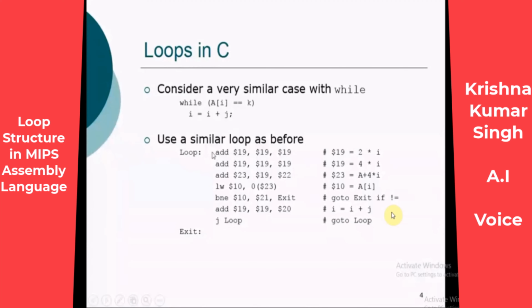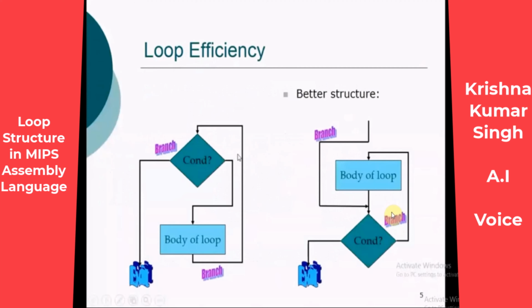This is the flow chart of this condition. We check the condition, and then we say that if it is not equal, go to exit. Otherwise, we perform the body and come back and check the condition again.